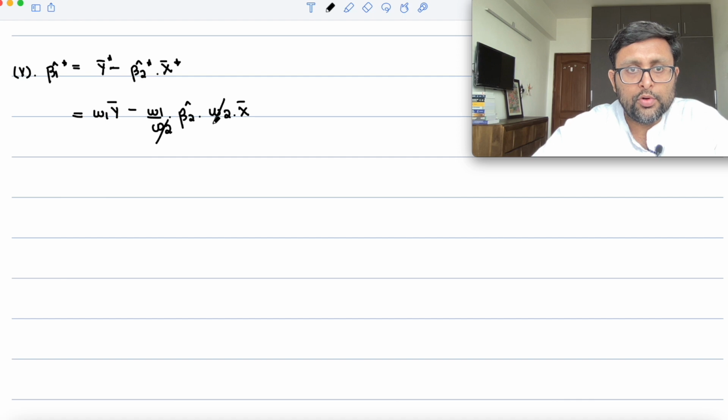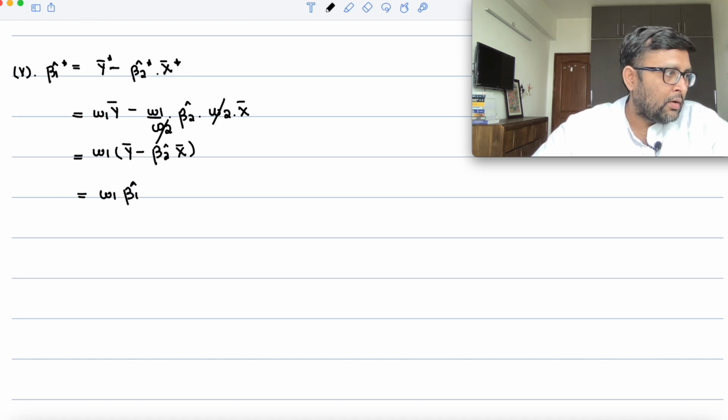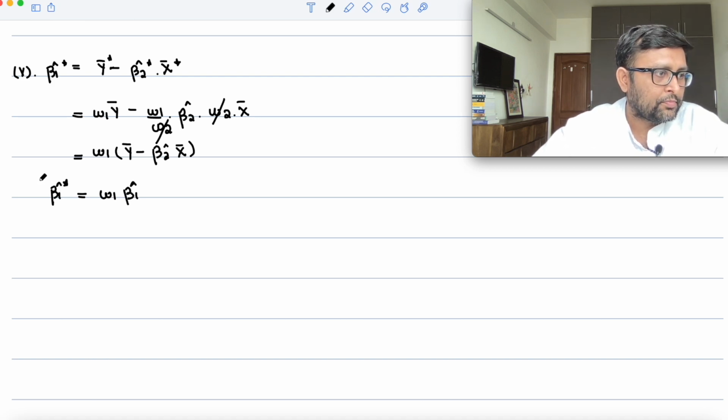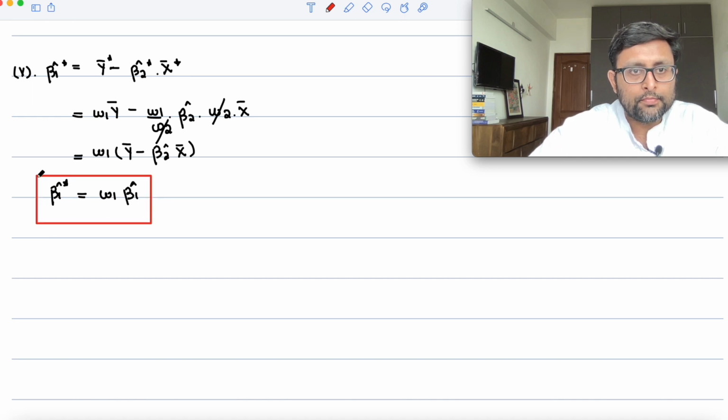So this W2 will get cancelled out. You will have W1 times y bar minus beta 2 hat x bar. What is this, y bar minus beta 2 hat x bar? Your beta 1 hat. So beta 1 hat star is W1 beta 1 hat.